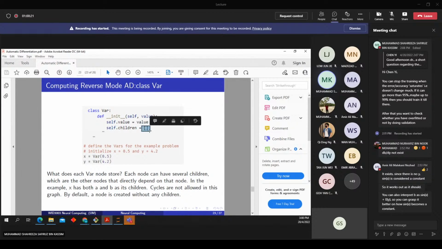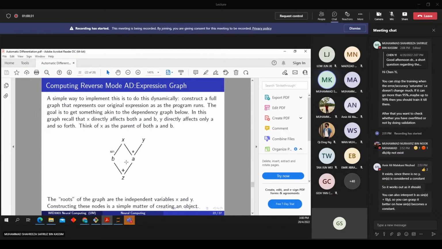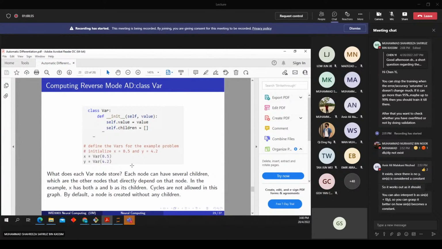So for example, X equals Var of 0.5. Afterwards, when we do the calculations for A, when we define A, we'll store the information of A in X. We'll see this later.